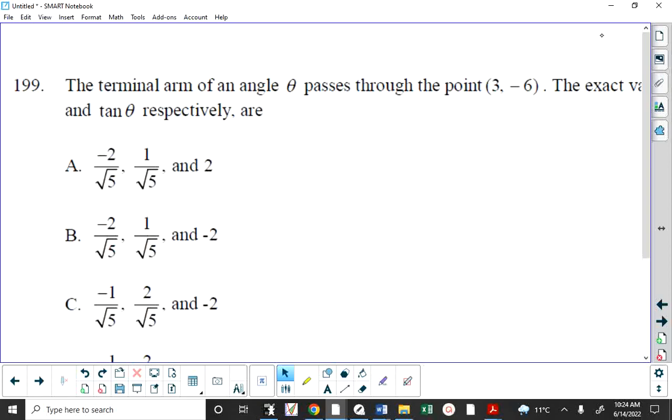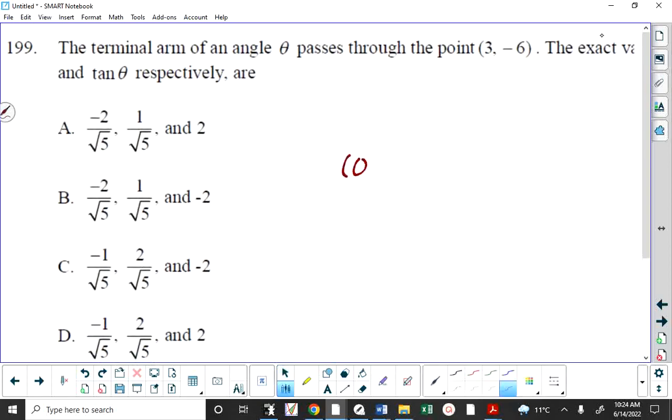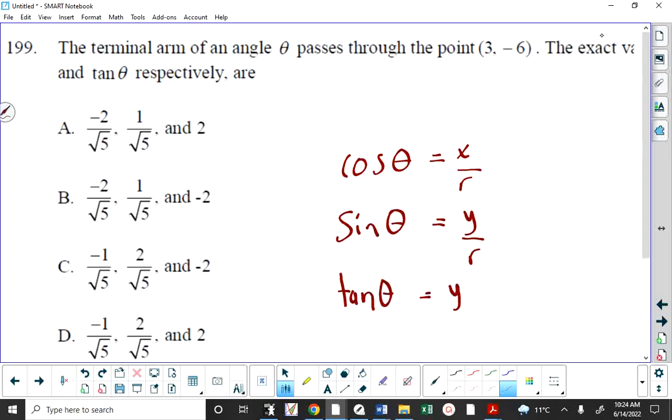This is all revolving around the fact that x over r is cosine of theta, y over r is sine of theta, and tangent of theta is y over x. We also need to know that x squared plus y squared equals r squared.